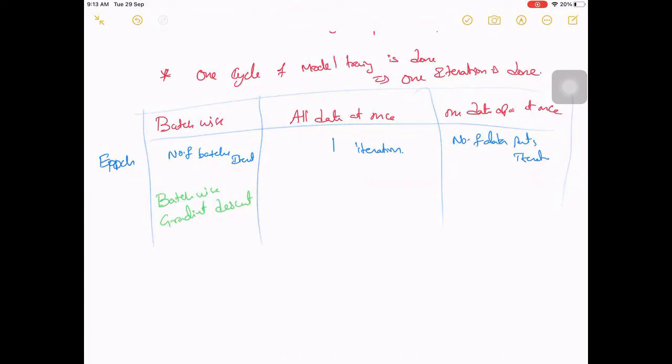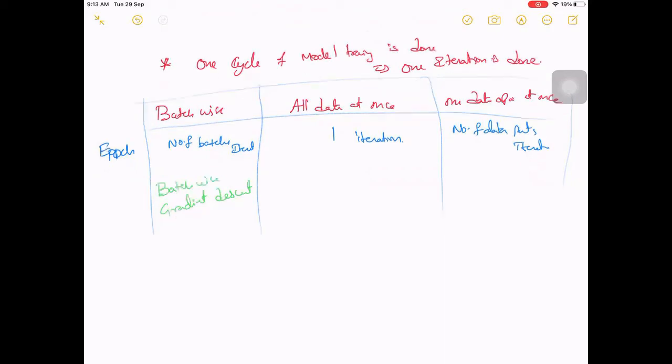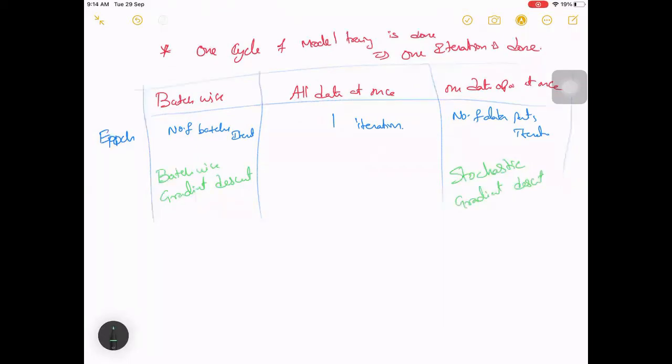Similarly, one data point at once we call stochastic gradient descent. And all data at once is what we can call gradient descent.